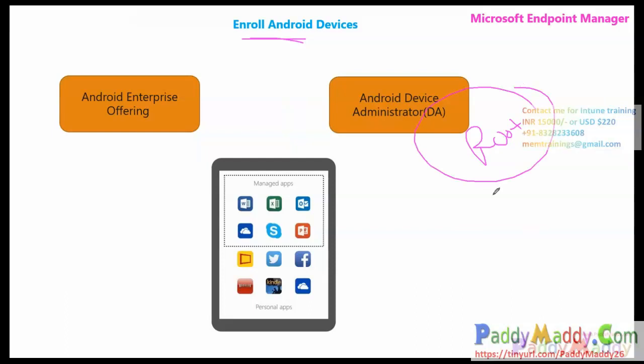They never thought that a company can give a user a device. The entire focus initially was on the Android device administrator, DA, meaning there's some kind of management option. For that, everything needs a root password.